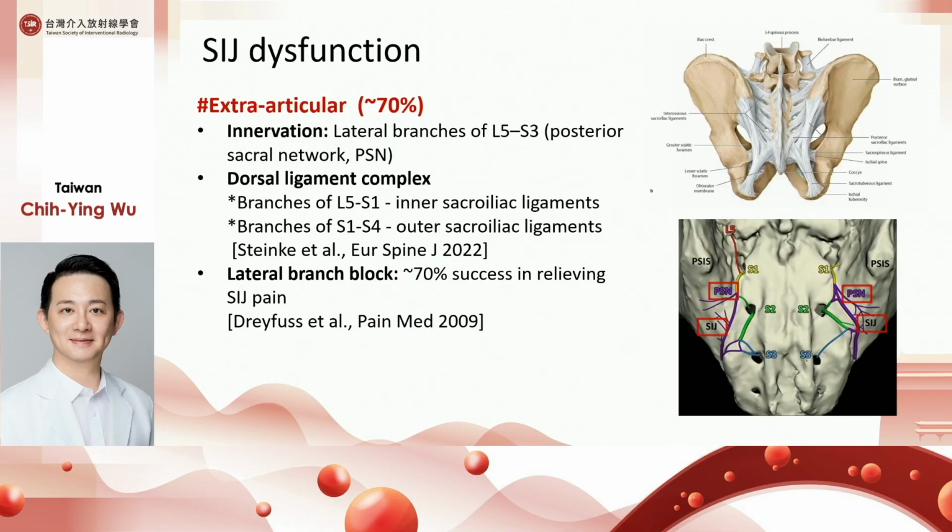About 70% of SI joint dysfunction comes from the extra-articular region. The nerve innervation of the extra-articular region is from the L5 to S3 lateral branches, which we call the sacral network. By blocking the lateral branches, there is about 70% success in relieving SI joint pain.